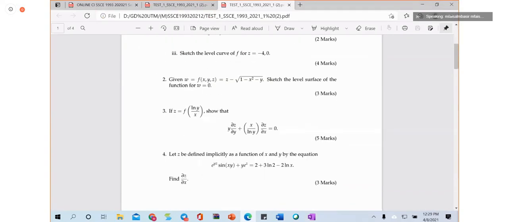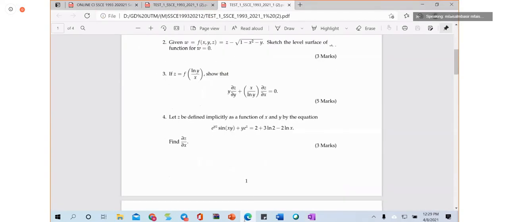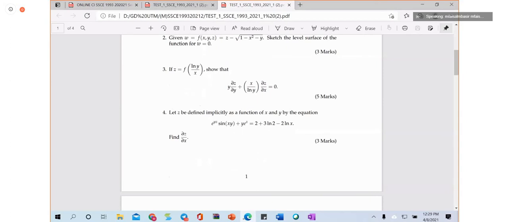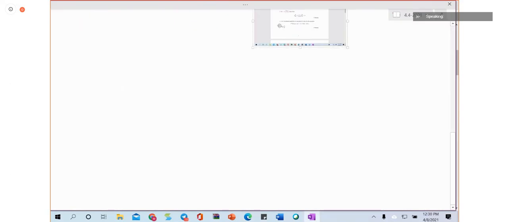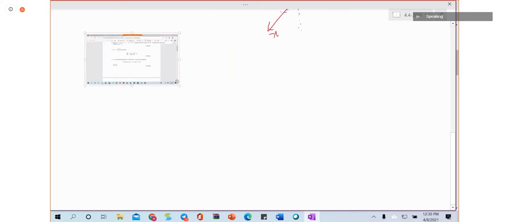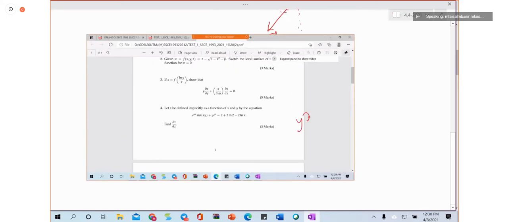And then number 3. Show that y del z del y equals, if I put the right-hand side, x over ln y del z over del x.